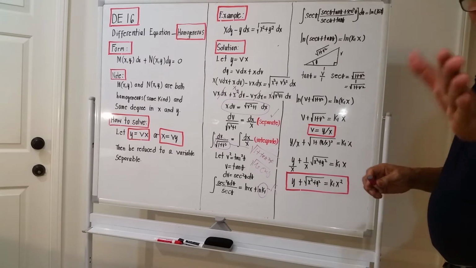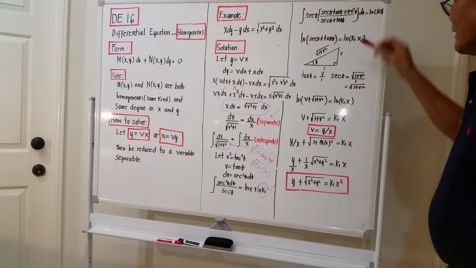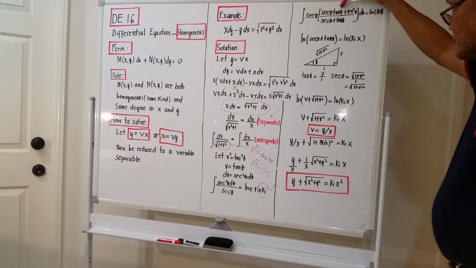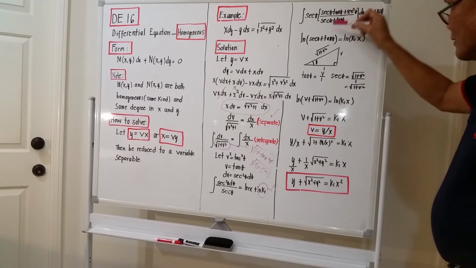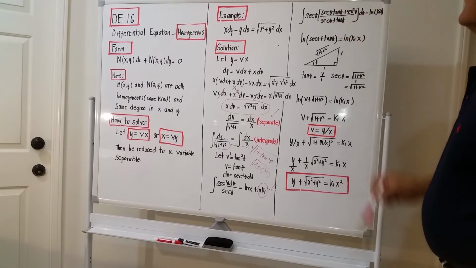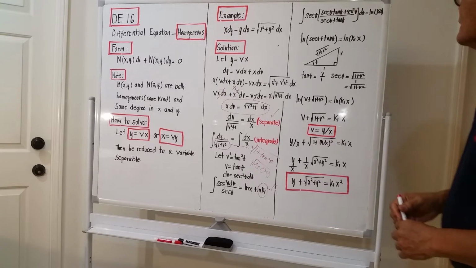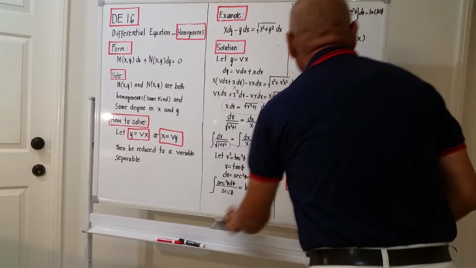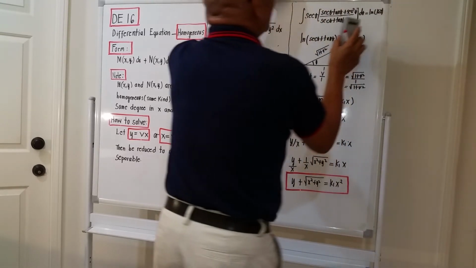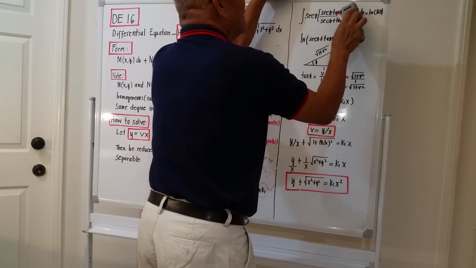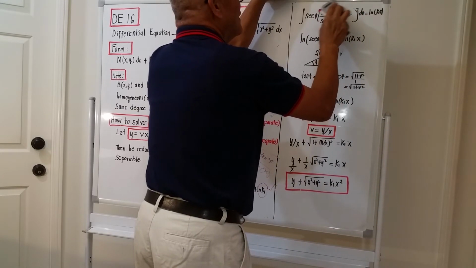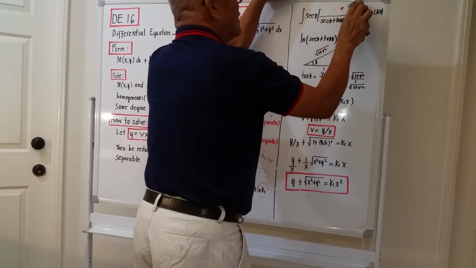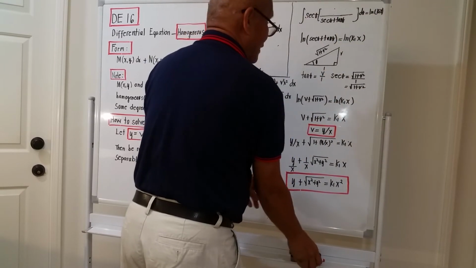And if you recall your integral calculus again, if we multiply secant theta tangent theta plus secant squared theta all over secant theta plus tangent theta, oh, hold on. Sorry for this one. I miswrote it.